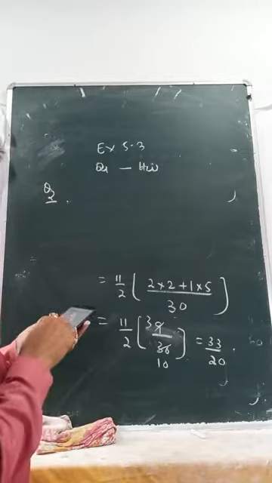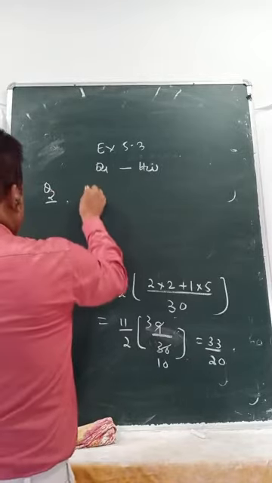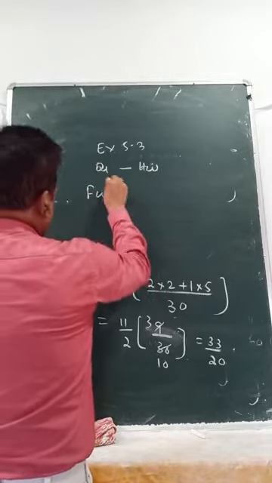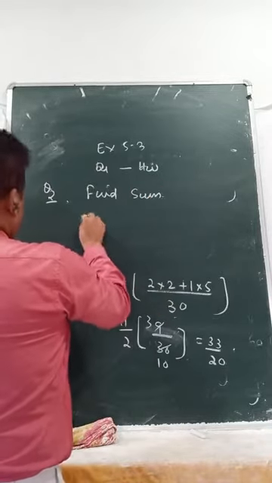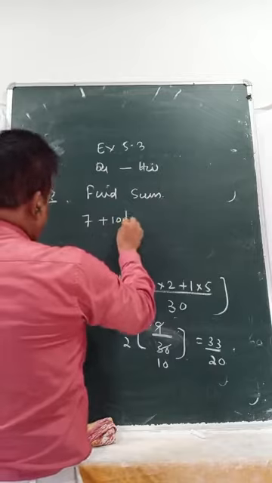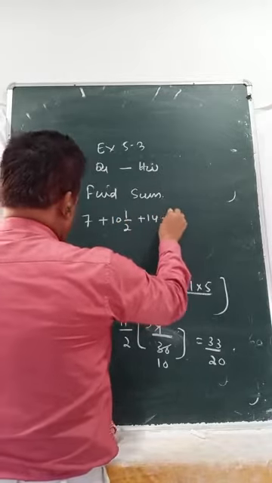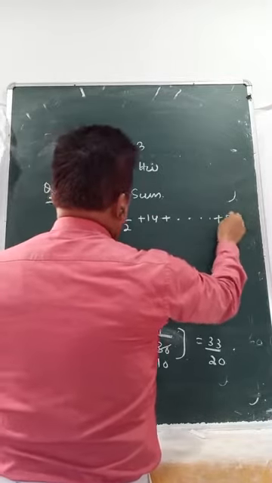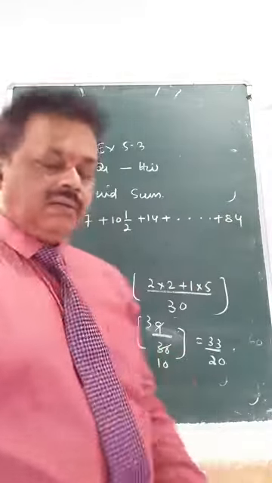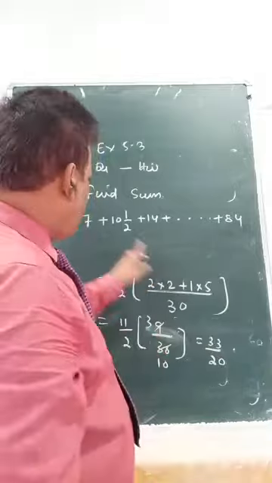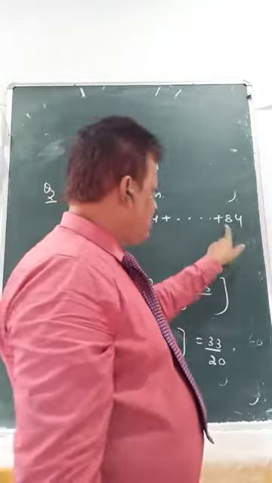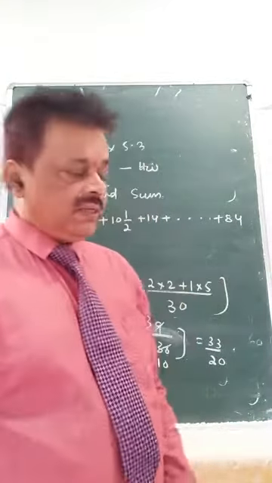What is given in question 2? Find the sum: 7 plus 10 and a half plus 14, up to 84. This is different. There it was up to 10 terms like that. How many terms there are is not given, but the last term is given. What do you need?